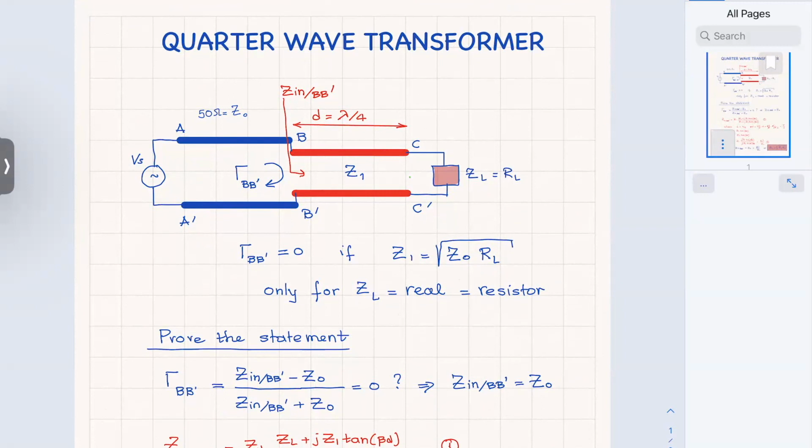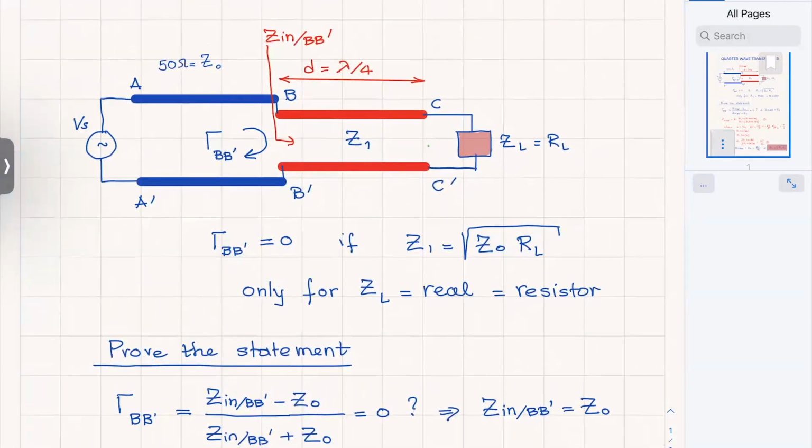So for this problem, you have to use... No. So, if we're asked to use a Smith chart, should we find the values without a Smith chart? Yes. If you can do it without the Smith chart, you do it. Nobody's going to ask you to use the Smith chart if you have a real load.